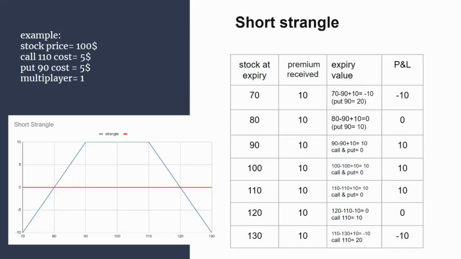Where we're not going to make a profit is, again, at 120 expiration value of the underlying, where we break even at 0. And of course, any expiration above 120, let's say 130, we only got $10 premium all in all for both options, but call 110 had a value of 20 at expiration, and we only got $5 for it.